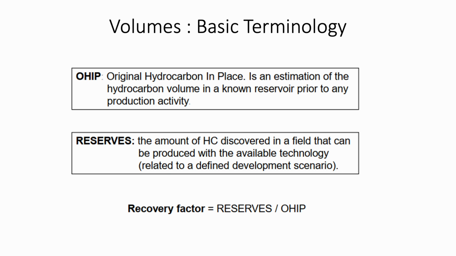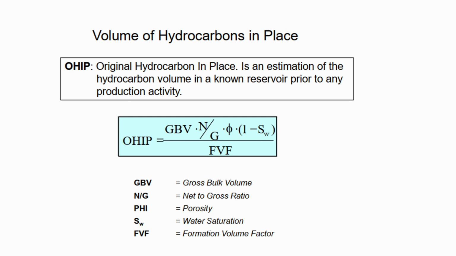Finally, the recovery factor. It is calculated as reserves divided by OHIP, showing how much of the total hydrocarbons can be recovered. This calculation helps determine the efficiency of hydrocarbon extraction and guides production strategies.